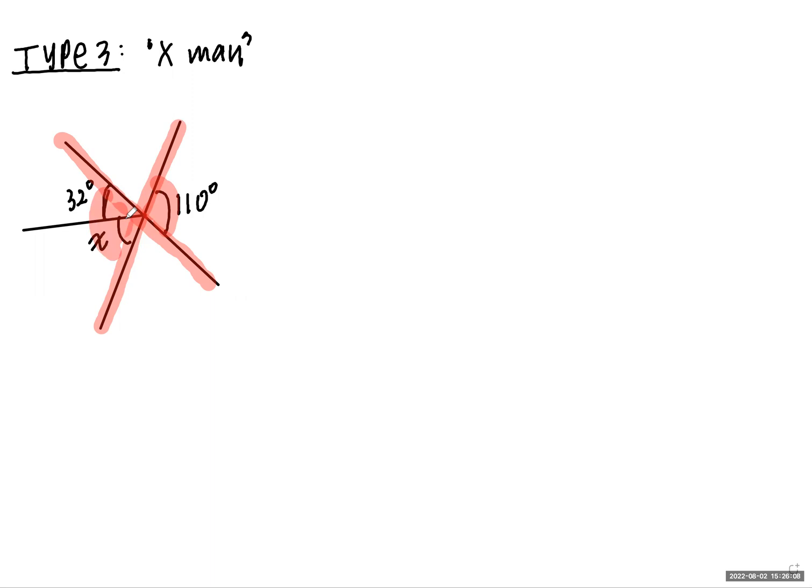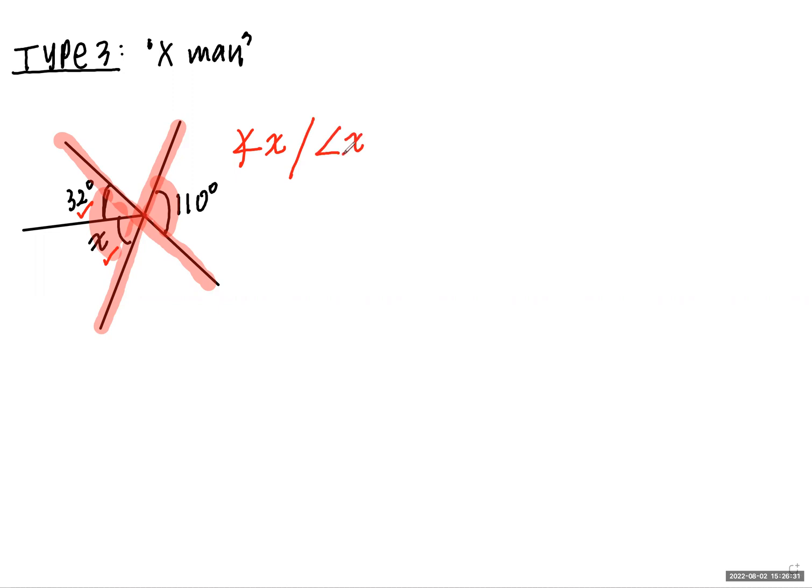Meaning to say that if this is 110, these two angles right here, because there's one angle here, one angle, and another angle, these two angles will add up to 110. So if I want to find angle X, and if your teacher wants you to write angle X or angle X like that, it's up to you.